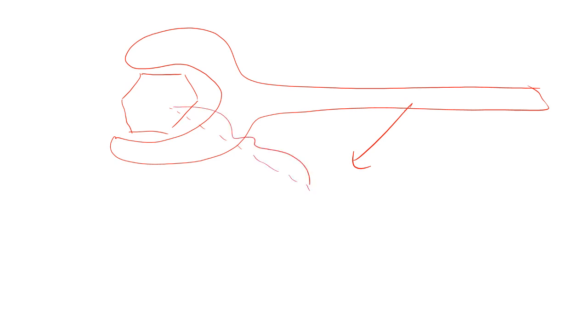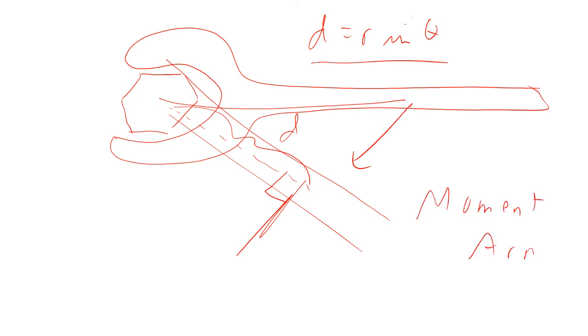So if the wrench had been this way and I was pulling right there, that would have had the same torque as pulling from a bigger R at an angle. So if you imagine the perpendicular here, this D right here is R sine theta. That is called the moment arm. So that is going to be the effective distance in which you're pulling if you're pulling at an angle.